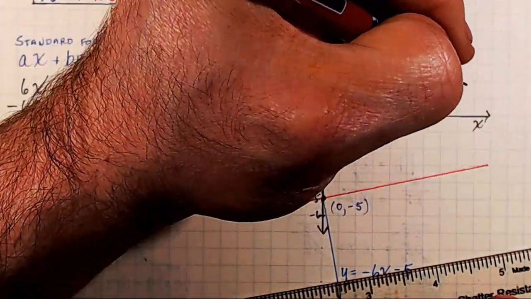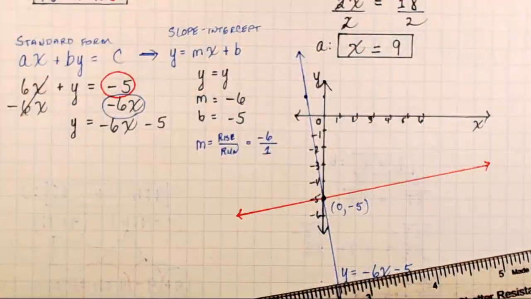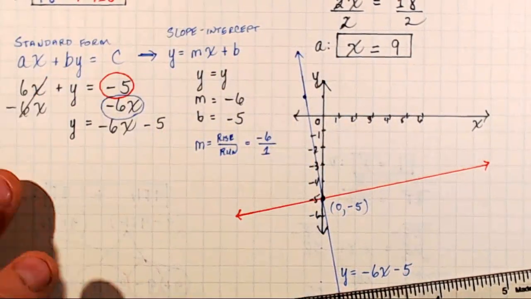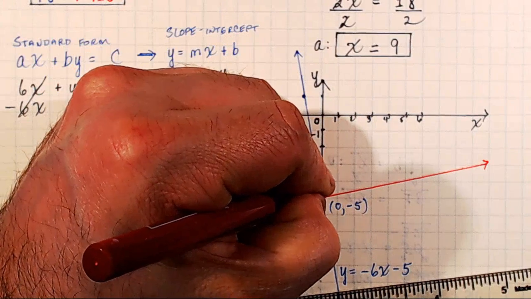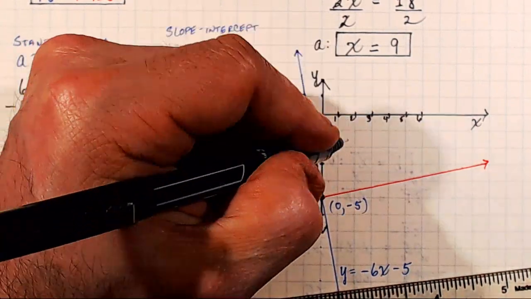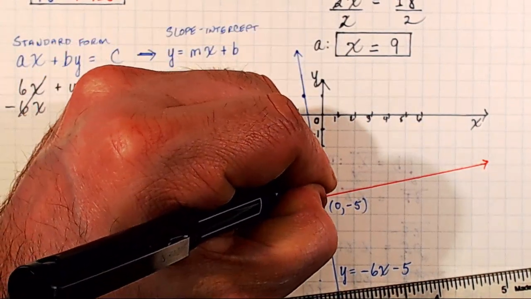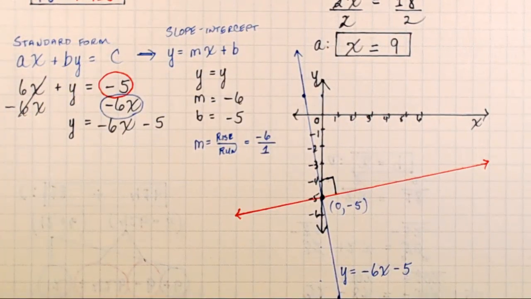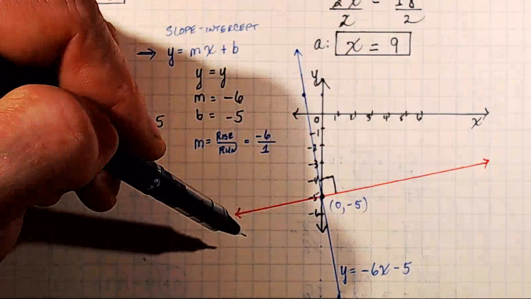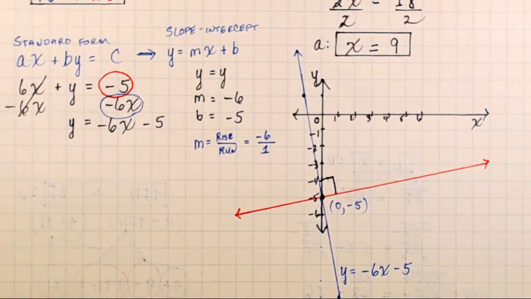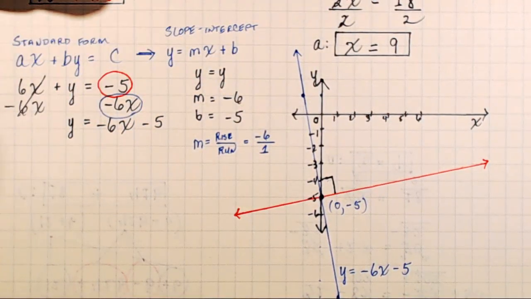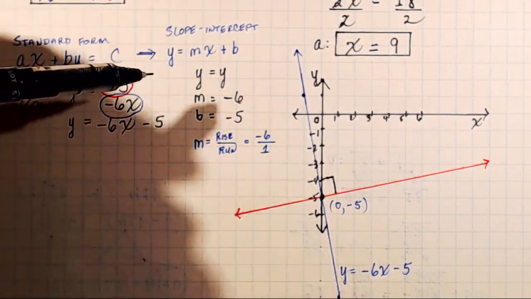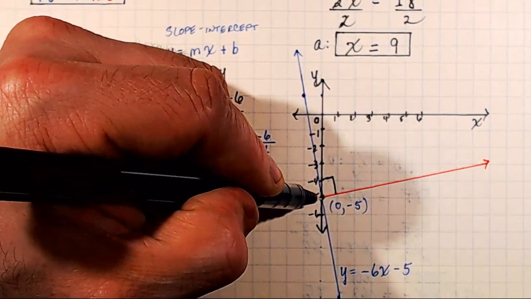And these two lines, because they're perpendicular, form a right angle to one another. All right? So we're trying to find the equation of this red line right here. We can kind of estimate what we think it will be visually, if you wanted to.